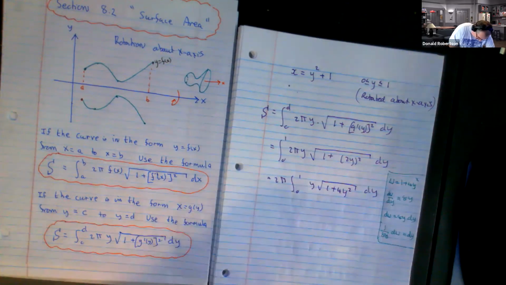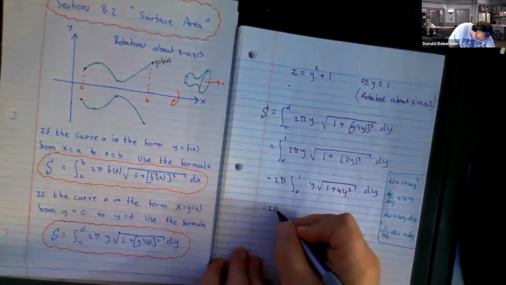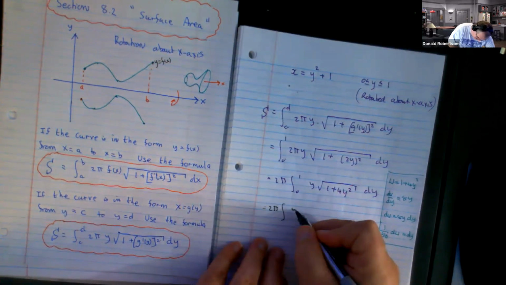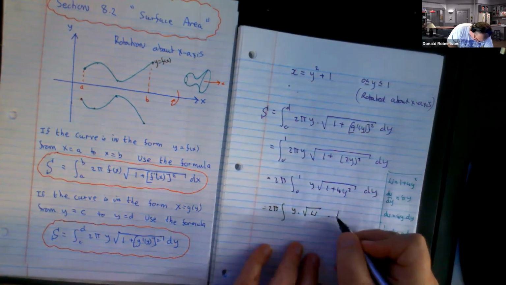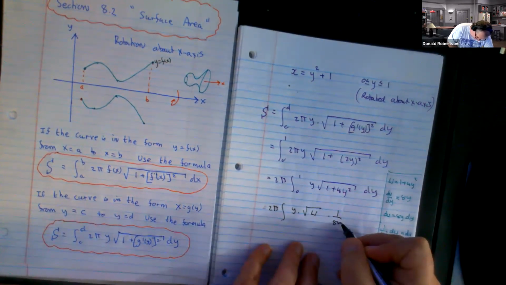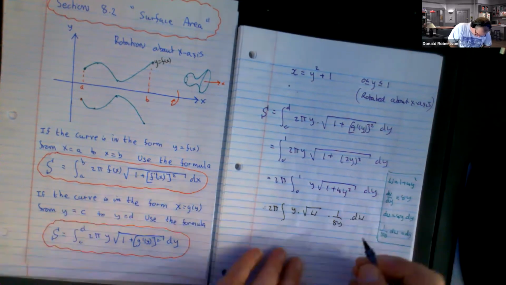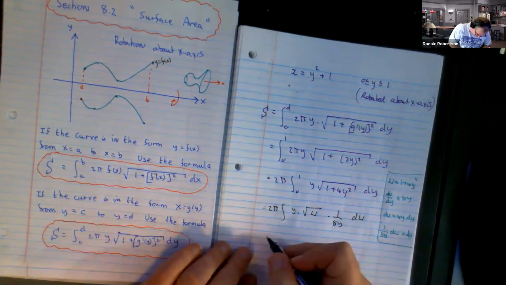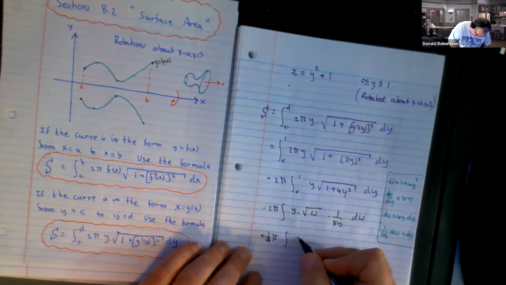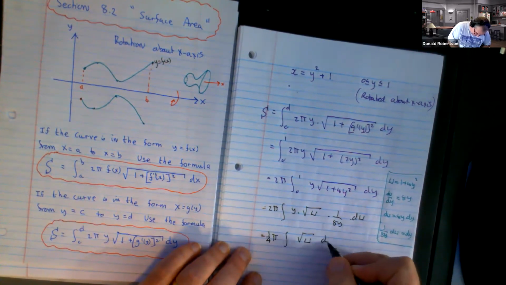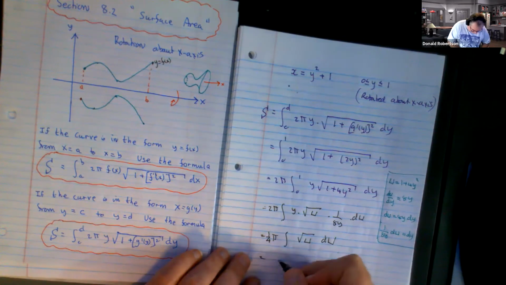So what do we have? We have 2 pi, the integral of y, square root of u, 1 over 8y du. And that cancels out to get your quarter pi, and the y's cancel out and you get that guy. Can I just dot that one?